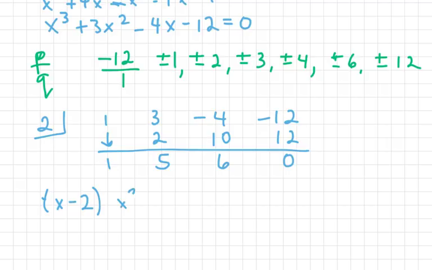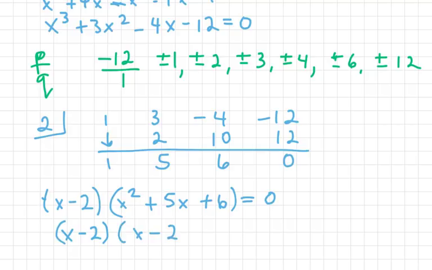x squared plus 5x plus 6 equals 0, and we can factor x minus 2 into x minus 2 times x minus 3 equals 0. Negative 2 times negative 3 is 6. Okay, so that works.